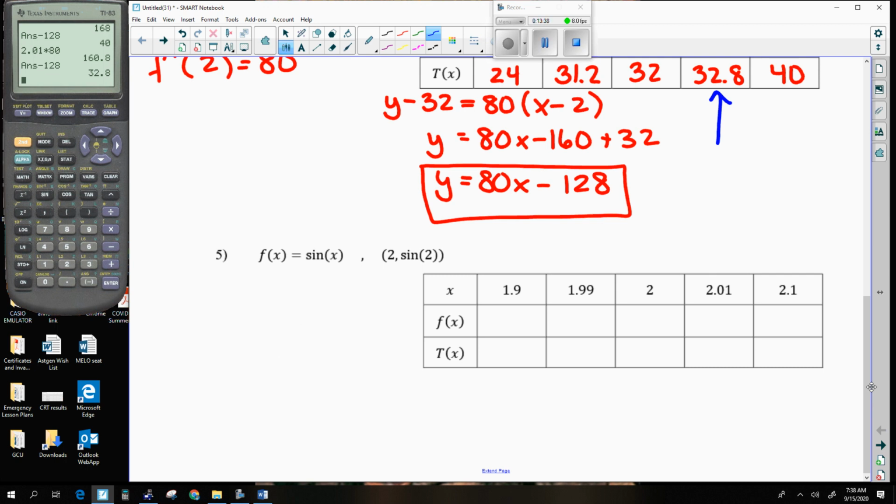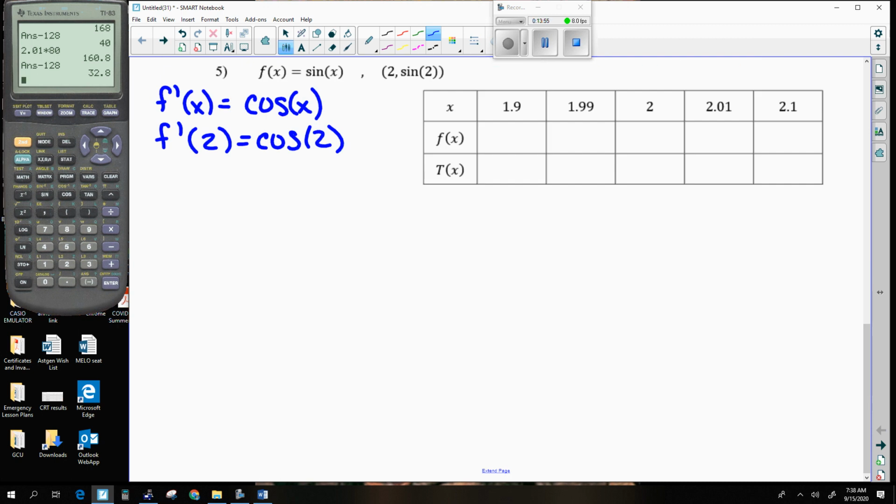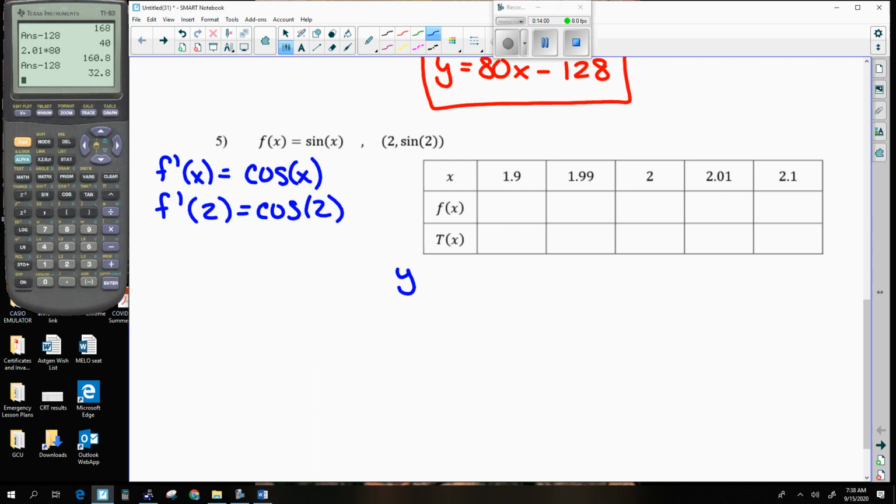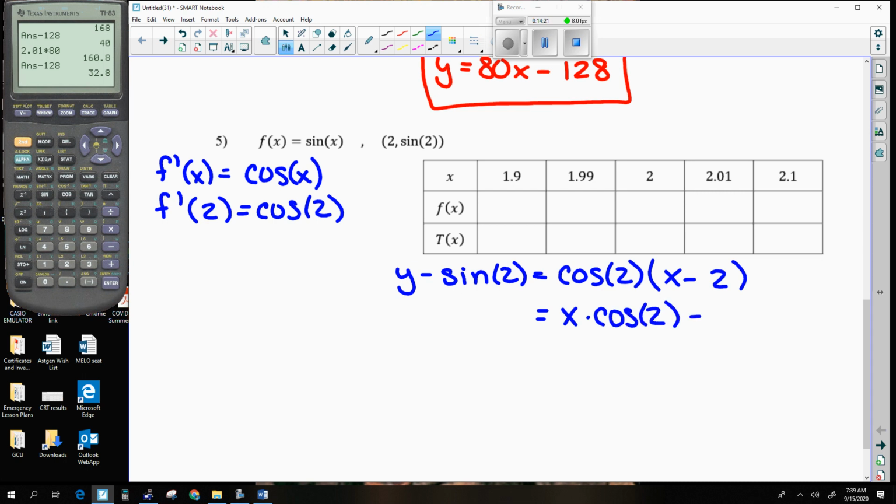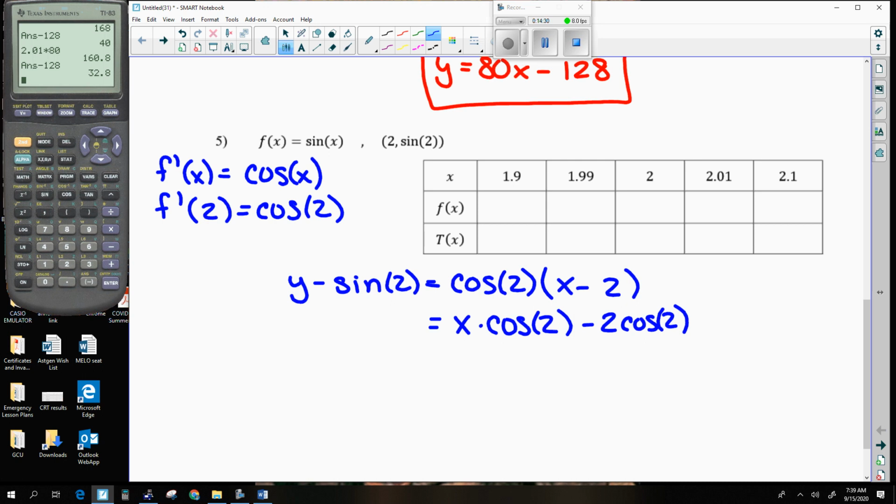All right, sine x. All right, so that's my linear approximation.